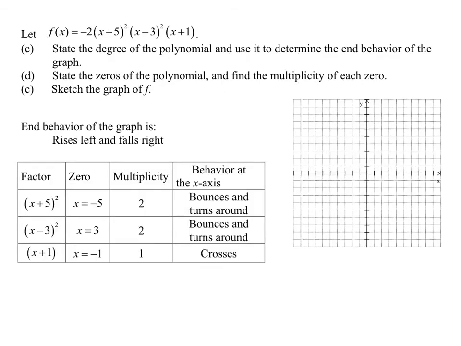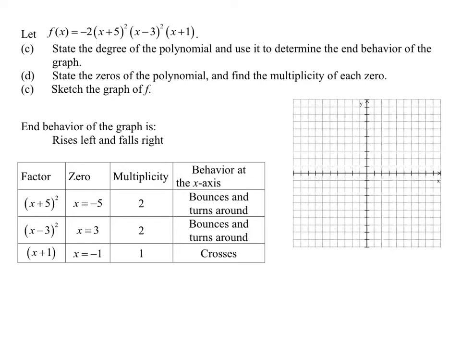In order to graph this polynomial, I've summarized the information from my last slide. Here's the end behavior. Here are all the zeros and the behavior. And remember, I think on the other slide, I said it touches and turns around. That means the same as bounce and turn around.